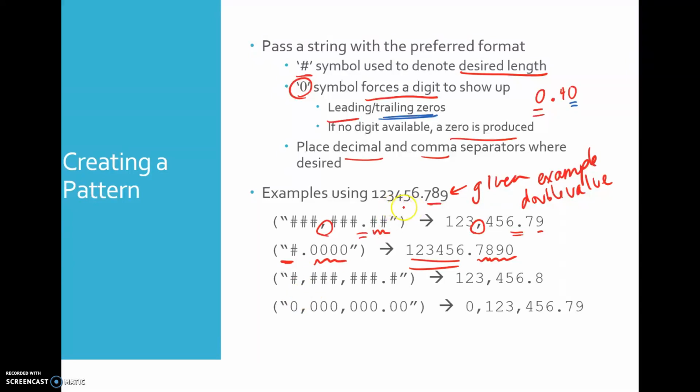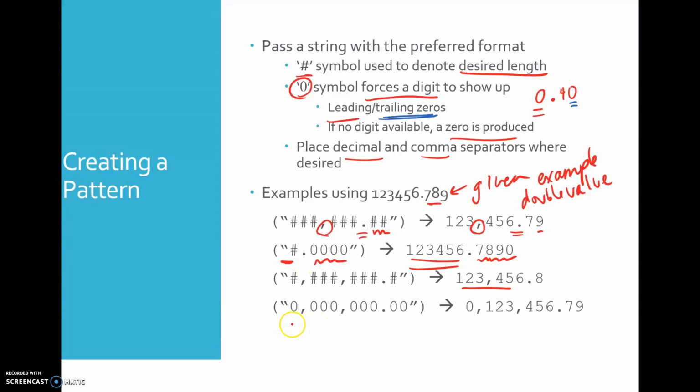My given example double value has 6 digits before the decimal point, and so because it has 6 digits before the decimal point, it can only show 6 digits before the decimal point. Using the number sign like this is essentially saying, just give me the numbers that are there. If there happens to be a 7th digit, separate it with a comma.